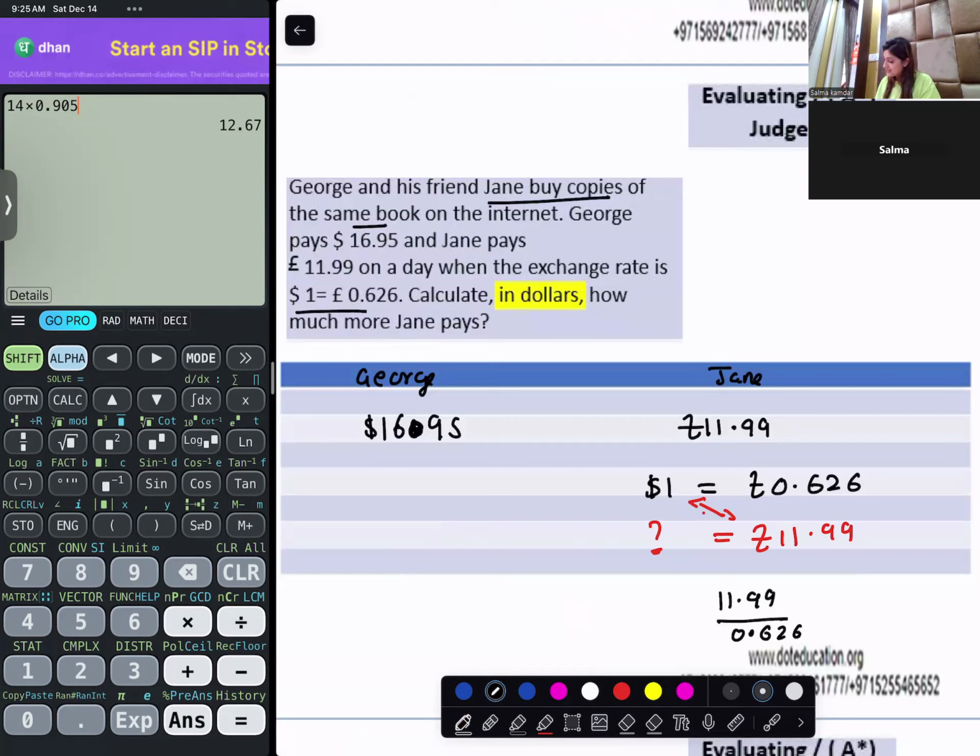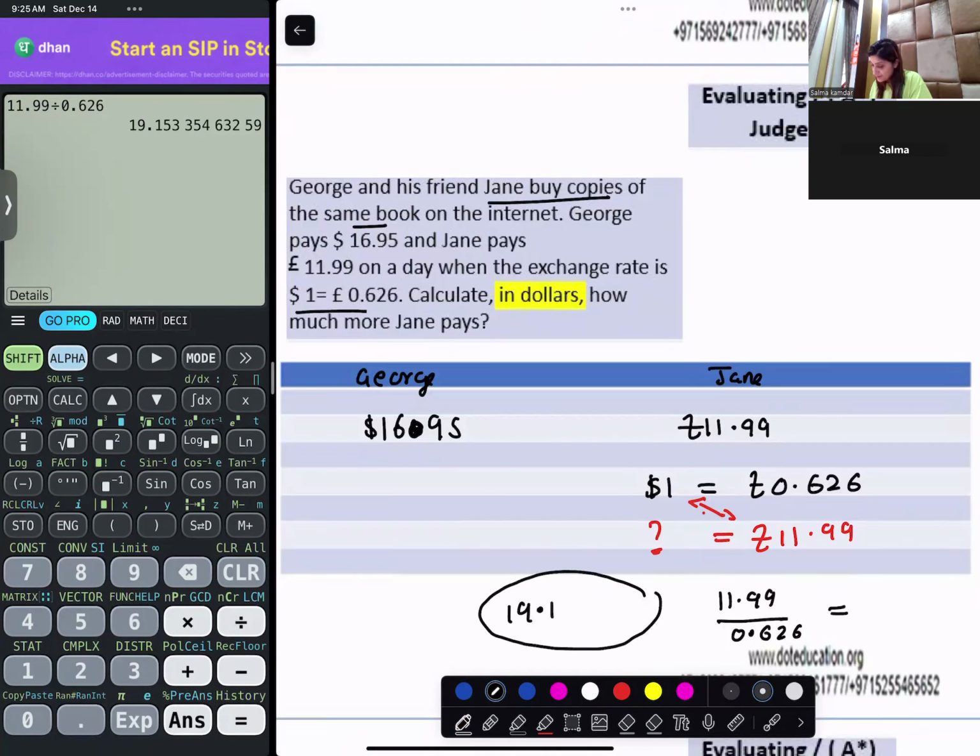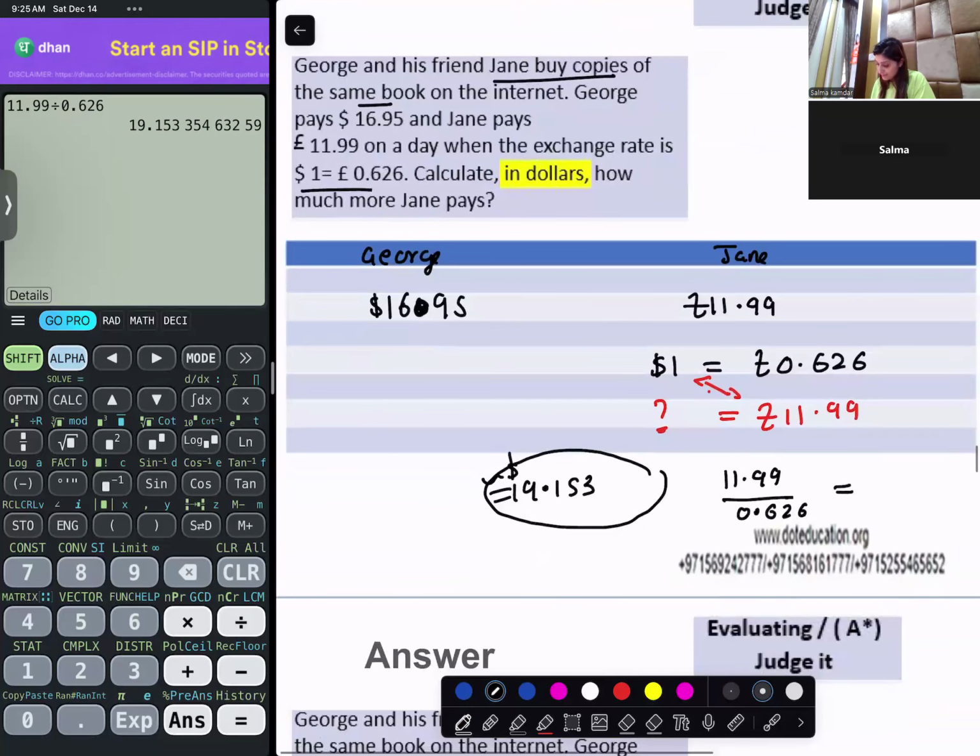So I would get my answer in dollars. So in dollars, Jane has paid approximately 19.153 dollars.